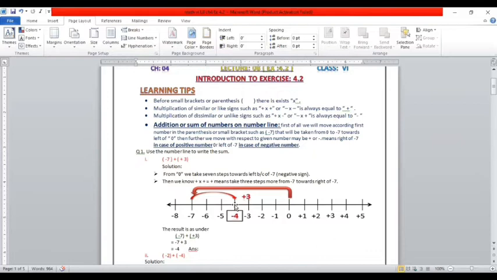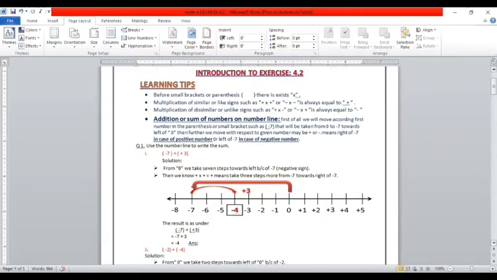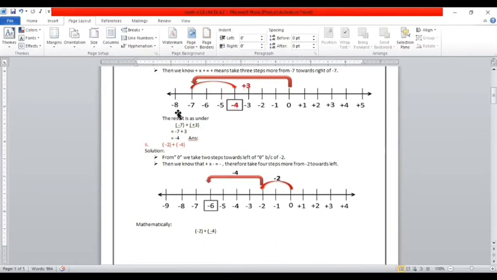The result in mathematical form is minus 7 plus, bracket started, plus 3, bracket over. First, multiplication of the plus with the minus will be minus.